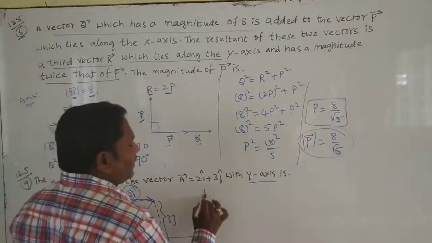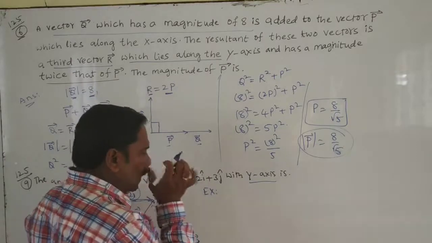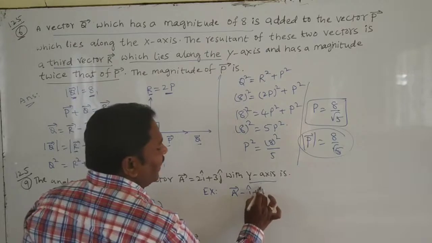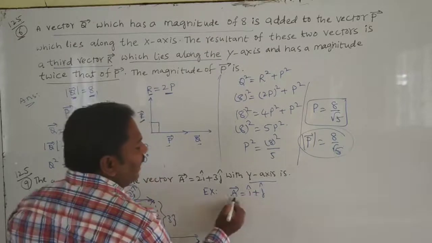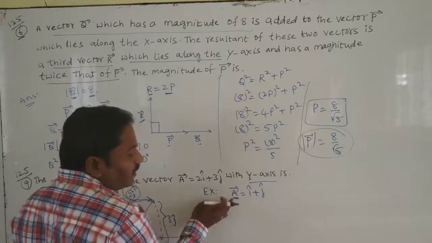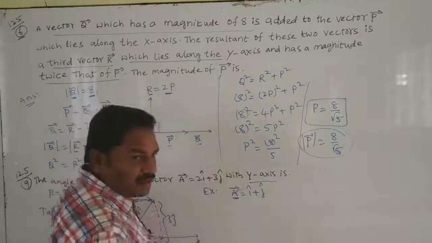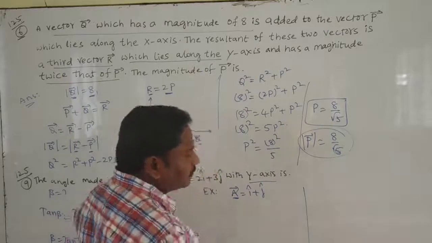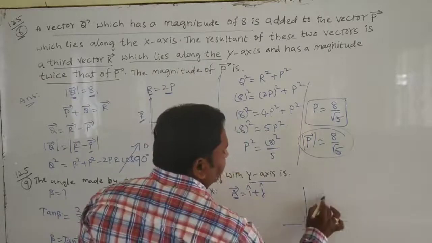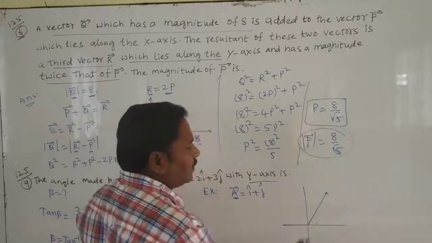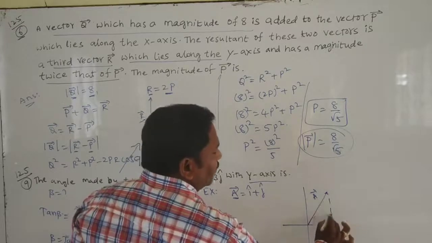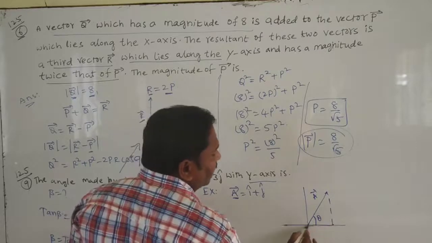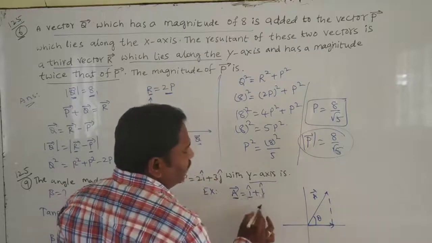Suppose another example is like this. A bar equals i cap plus j cap. What is the angle made by the A bar vector with the x axis? So this is the vector A bar, and let's say the angle is theta.